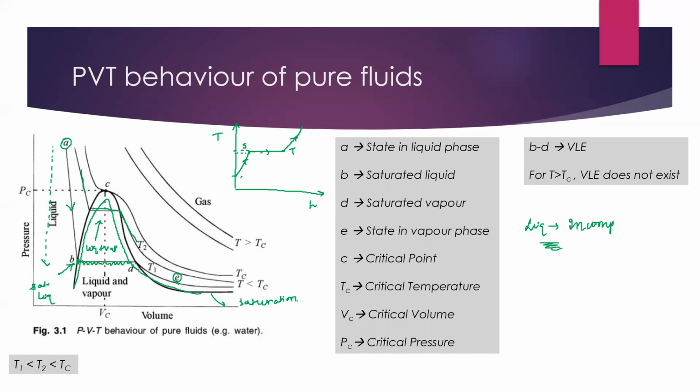So let me tell you about the saturation curve. The saturation curve is something like this. You can see the peak of the saturation curve is somewhere here. Towards this side of the peak are saturated liquid states.